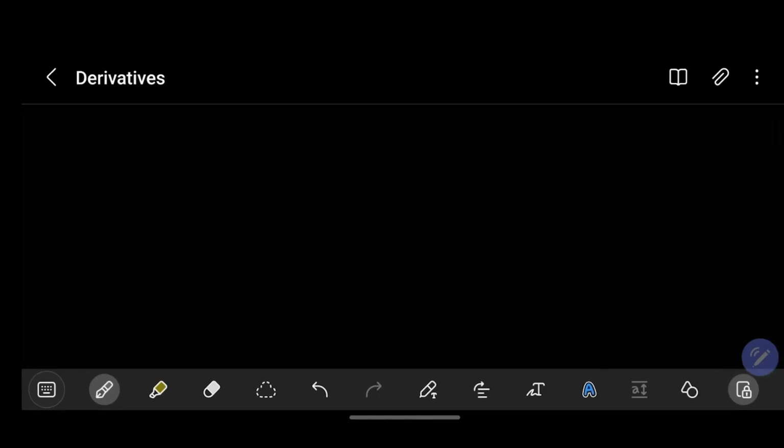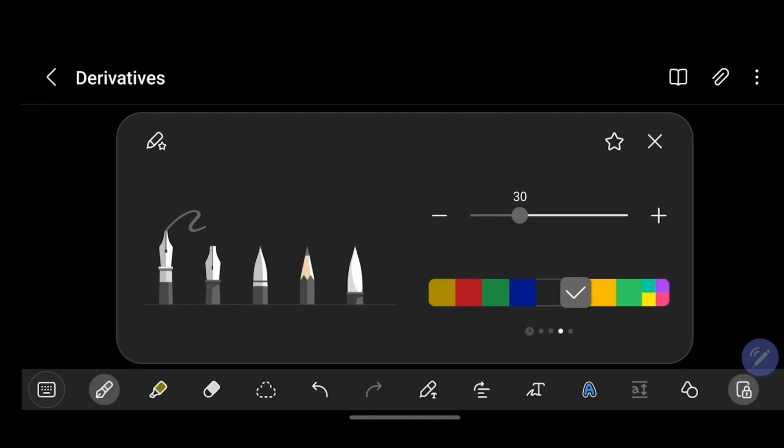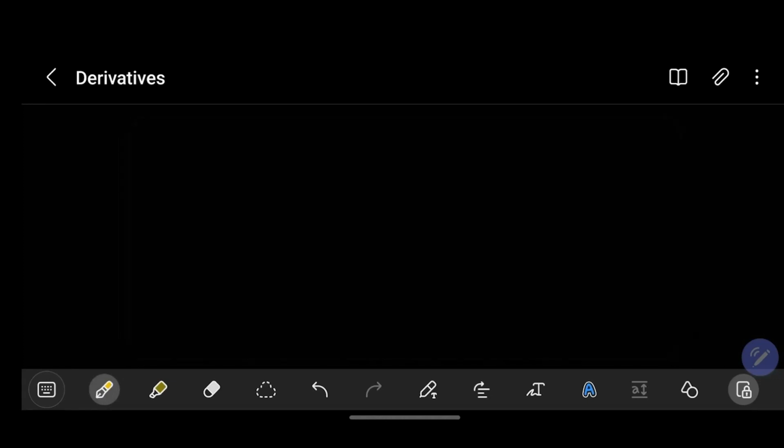Then we're going to move on to the next rule, and your next rule is the sum and difference rule.